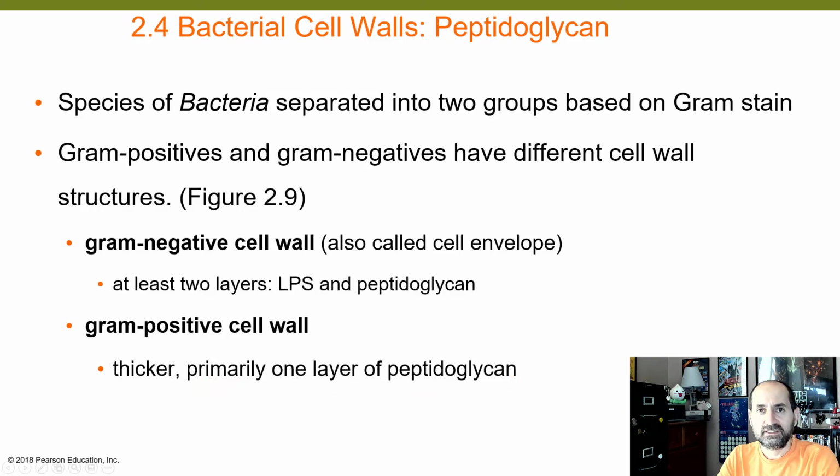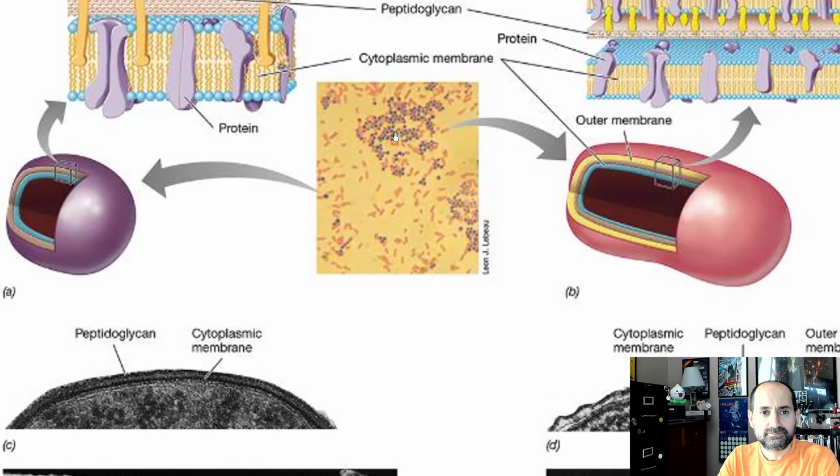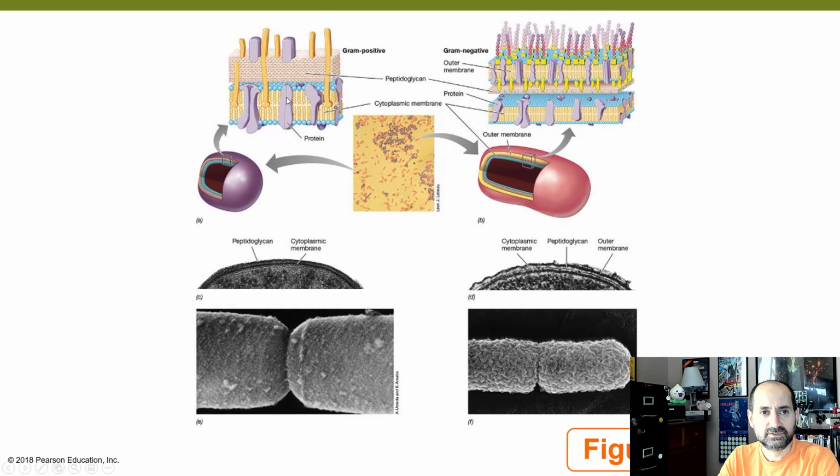You can see it here. On the left, you have a gram-positive cell with a gram-positive cell wall architecture, and on the right, you have a gram-negative cell with gram-negative cell wall architecture. Again, gram-positive cells stain purple in the gram stain, and gram-negative stain pink. So take a look here.